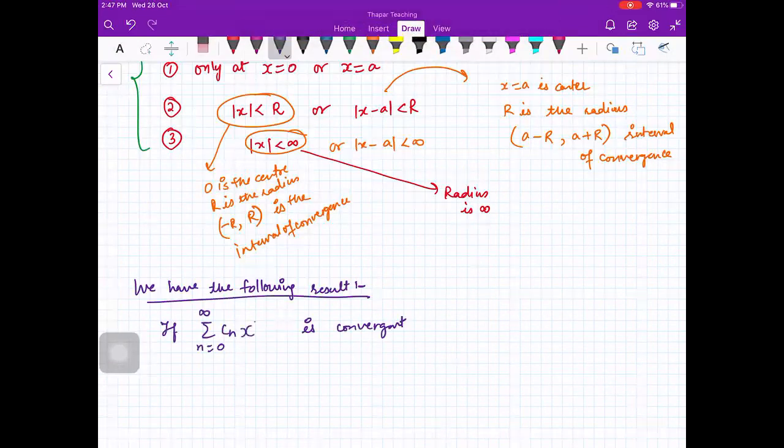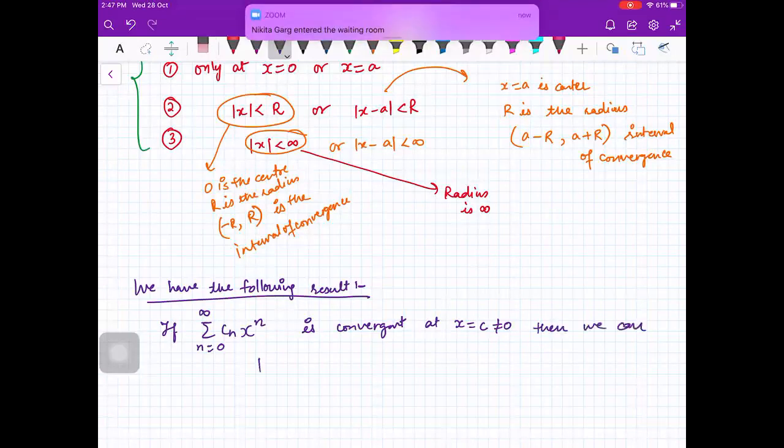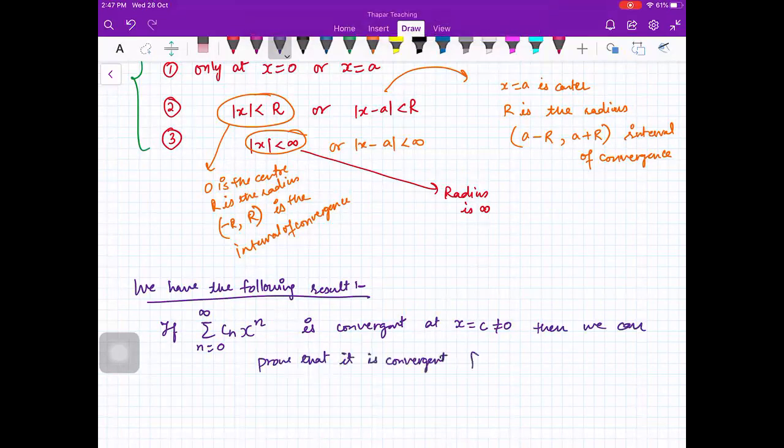So if you have this series Cn x raised to power n and it is convergent at x is equal to c, where c is not equal to 0, then we can prove that it is convergent for all x satisfying mod of x less than mod c.